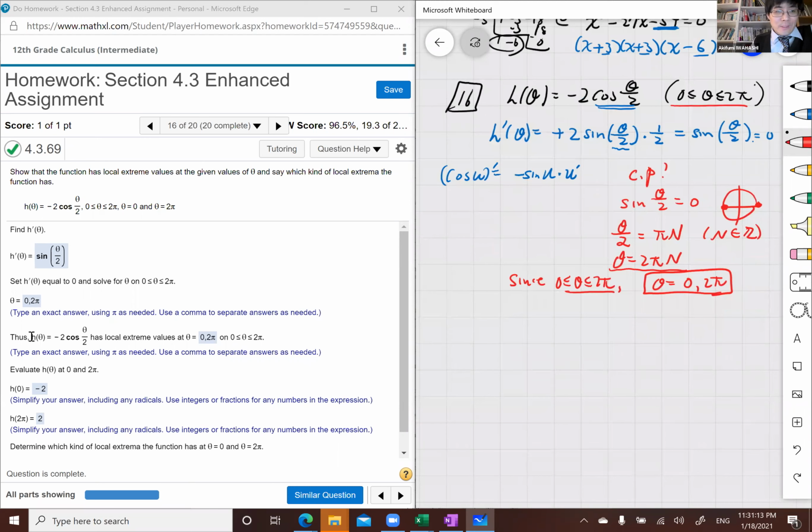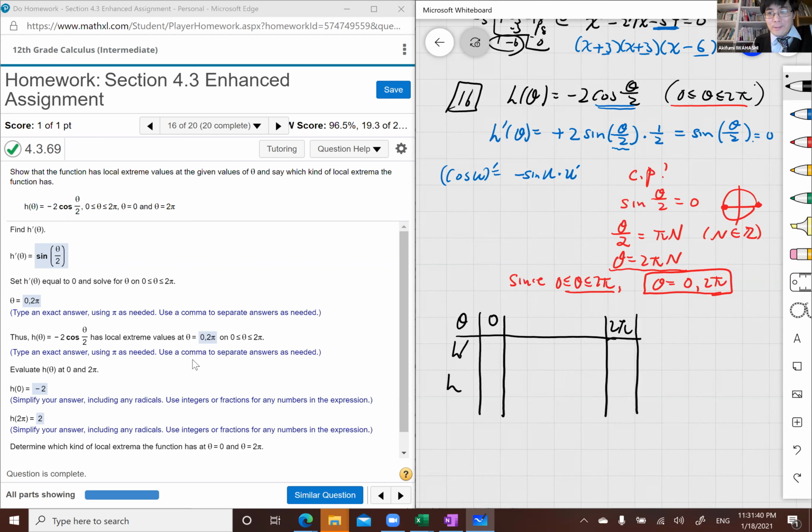That means this function has extreme values only at 0 or 2 pi. Now let's look at the table: theta, h dash, and h. This function has a closed interval domain. So the left endpoint is 0, and the right endpoint is 2 pi, and there is no critical point in between.